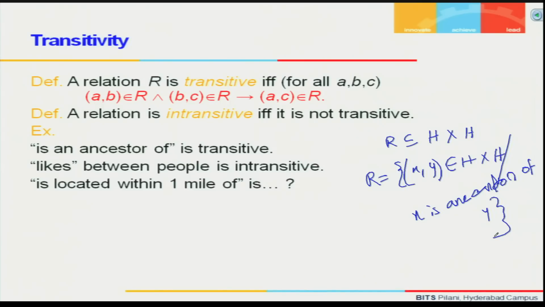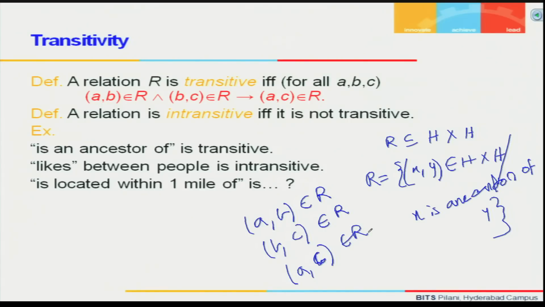This is definitely a relation, and this is transitive as well, because if somebody comes and says that A comma B is in R, then I get to understand A is ancestor of B, and somebody else comes and says that B comma C is also in R, then I get to understand B is ancestor of C. Then I have no hesitation in saying that A is ancestor of C, and hence it has to be there in R, and it is there in R very much.